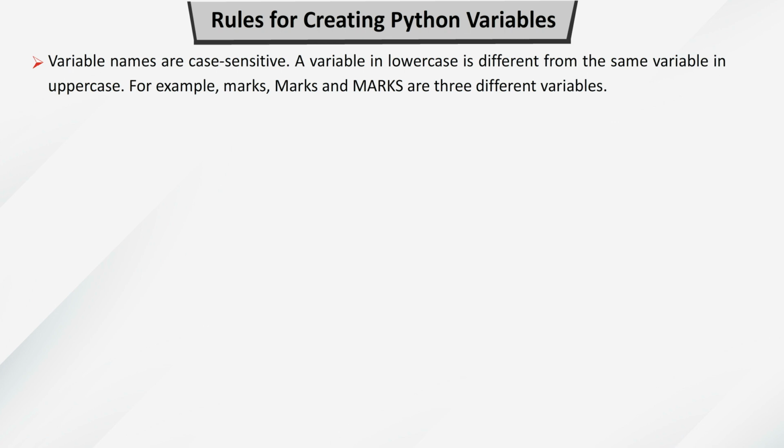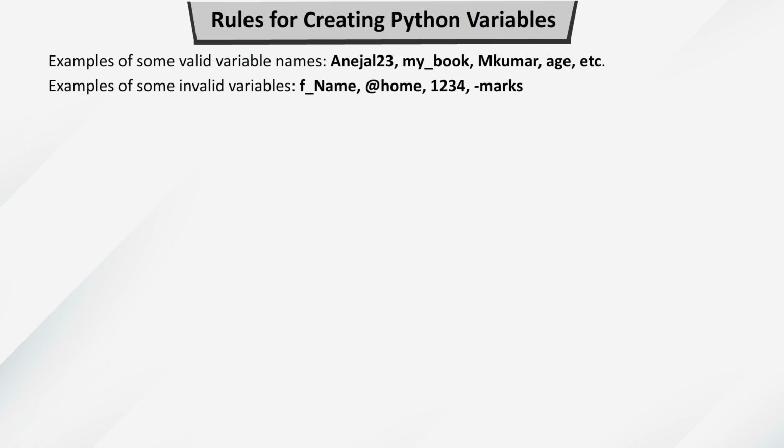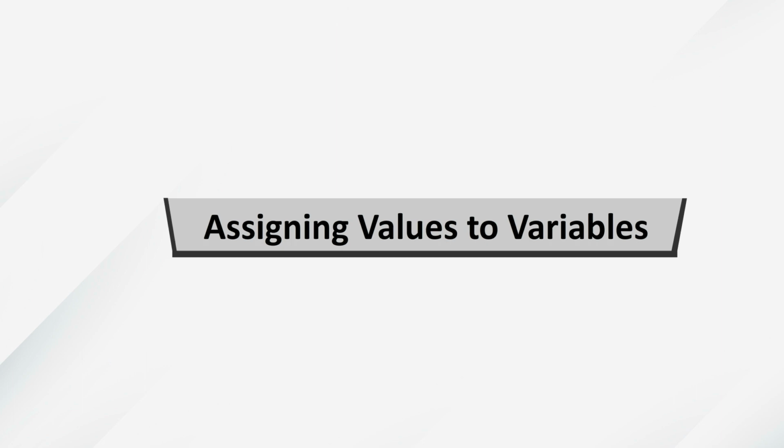For example, marks, Marks, and MARKS are three different variables. Examples of some valid variable names: Anejal23, my_book, M_Kumar, age, etc. Examples of some invalid variable names: F_name, at home, 1234, marks.